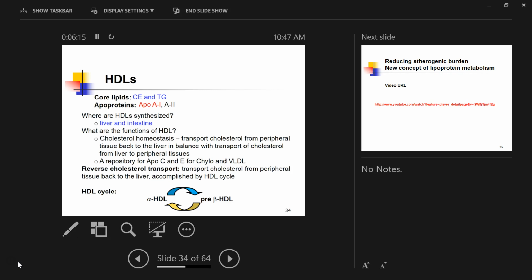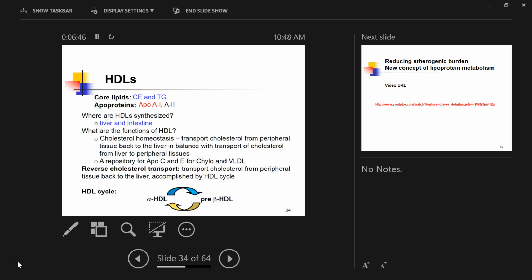Apoproteins present on the surface of HDL are ApoA1 and ApoA2. And where is HDL synthesized? Liver and intestine, right? And the next question is, what are the functions of HDL?